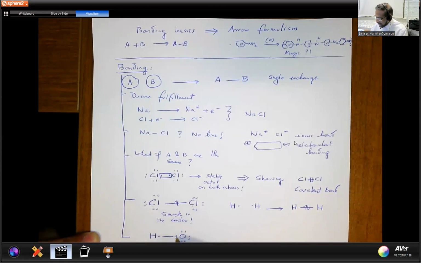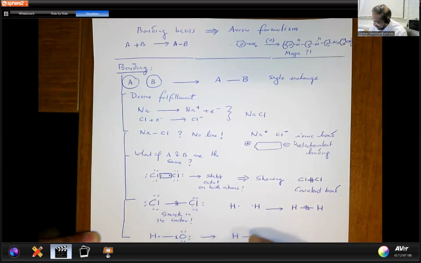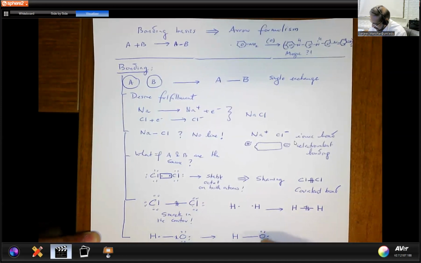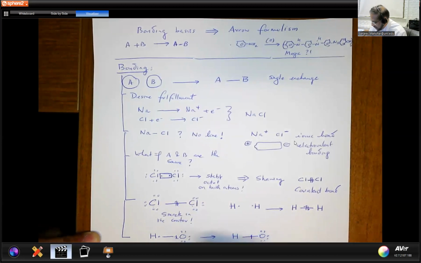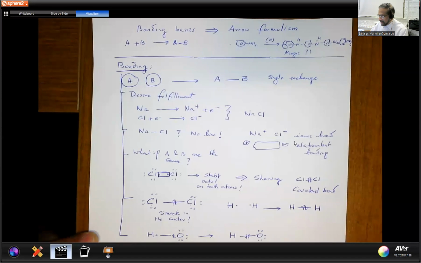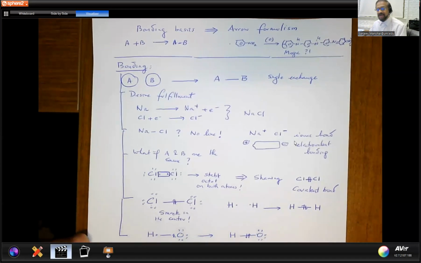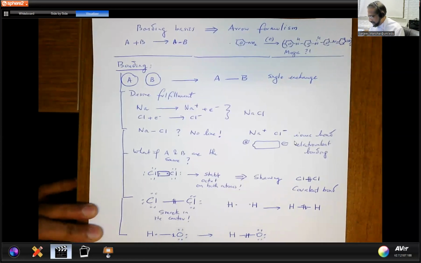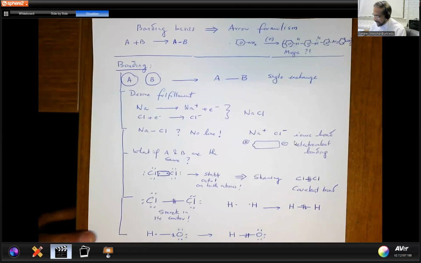So these 2 come together and say, we can have this kind of arrangement. The 7th comes from the oxygen, and the 1 comes from the hydrogen. Well, that's a sharing, right? OH bond, sharing, right?